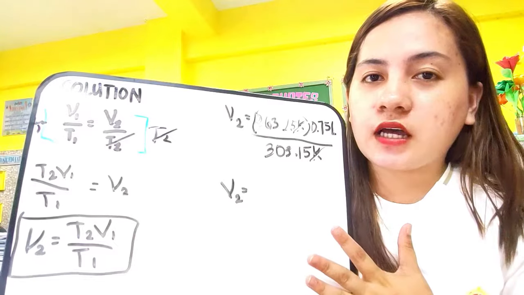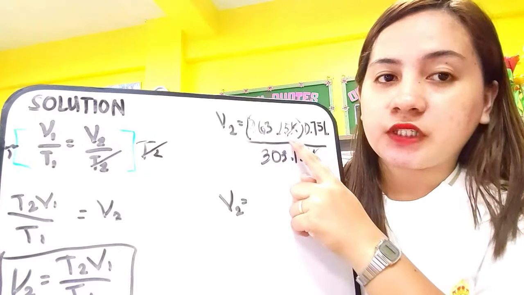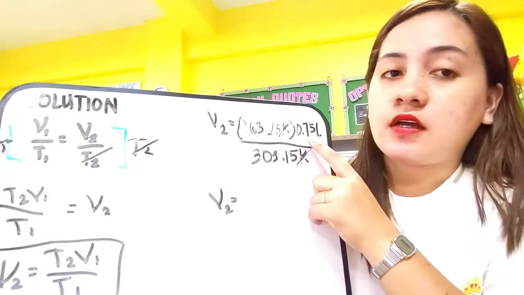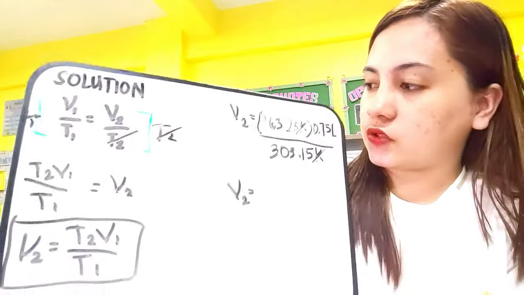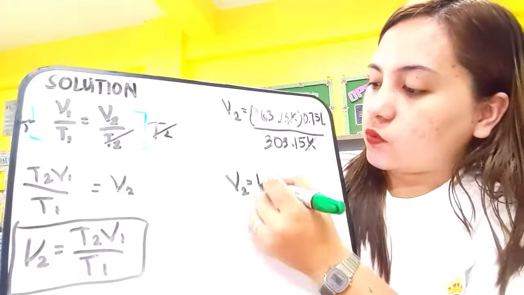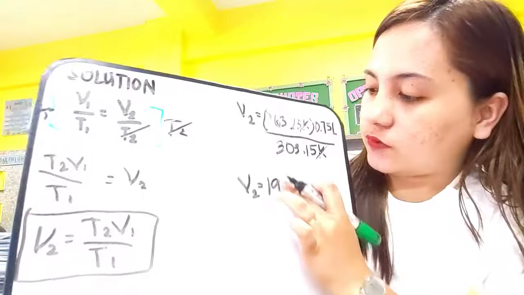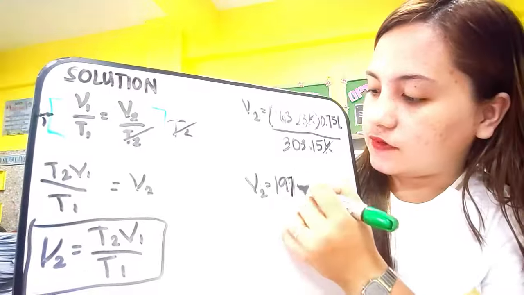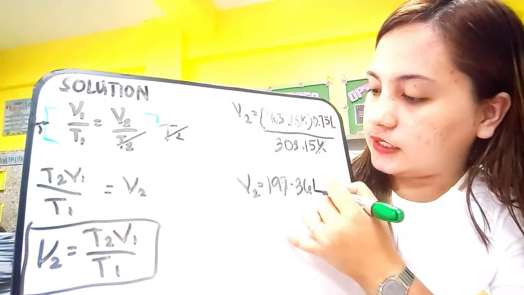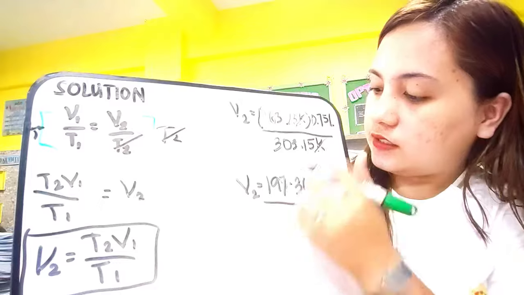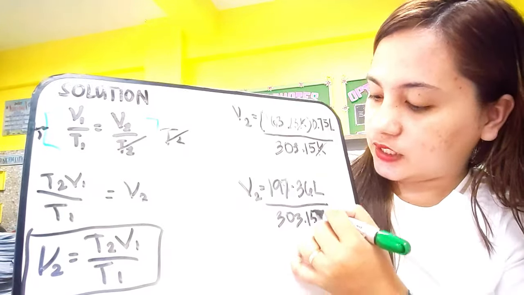So, now, let us multiply 263.15 Kelvin and 0.75 liter. Okay, so we will arrive at 197.36 liter. Divide 303.15.